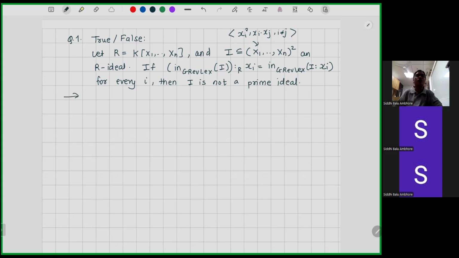So we have to check whether this is true or false.